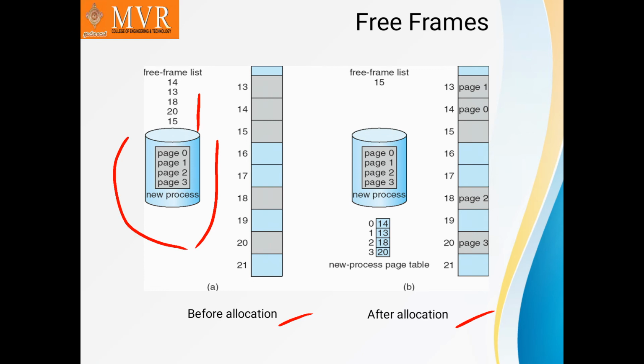Here we place the 4 pages in the frames. Page 0 goes to 14, page 1 to 13, page 2 to 18, and page 3 to 20.